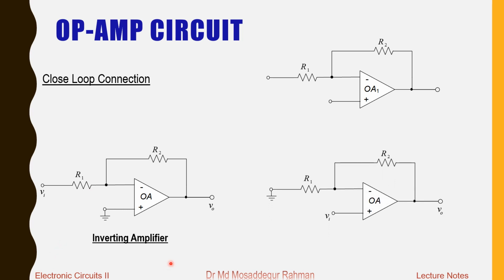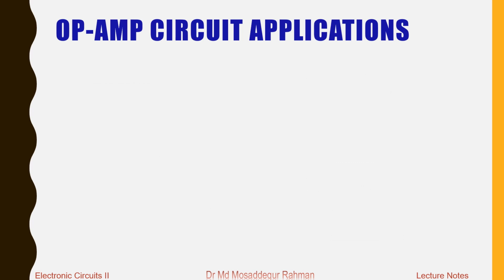The other configuration, you apply the input to the other terminal and ground R1, so you are applying it directly to the non-inverting terminal, and this configuration is known as the non-inverting amplifier. So in closed loop you can have two different amplifier configurations, inverting and non-inverting.